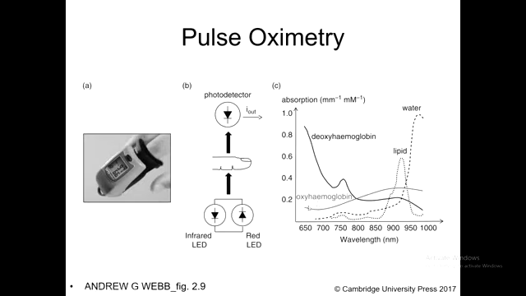Can you see that down at this red range of wavelengths, there's a gap that's a positive value for deoxyhemoglobin over oxyhemoglobin. So oxyhemoglobin has low absorption compared to deoxy at that level.